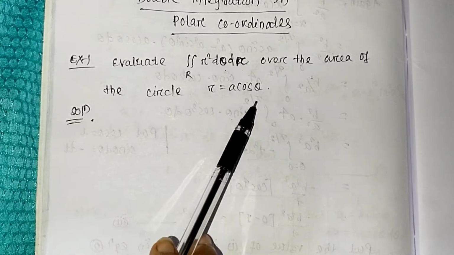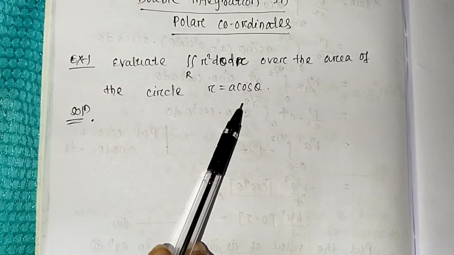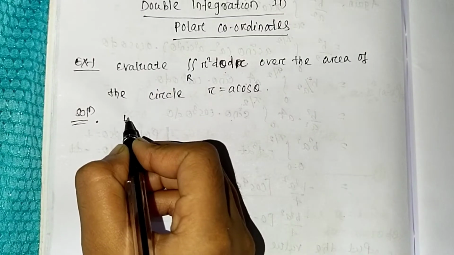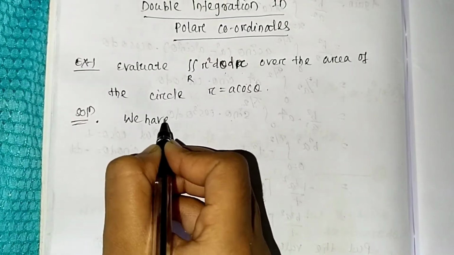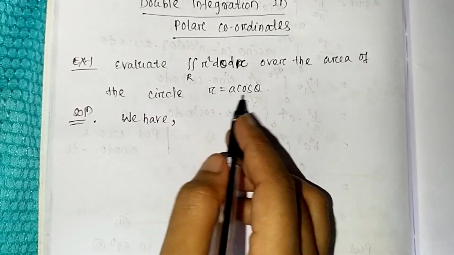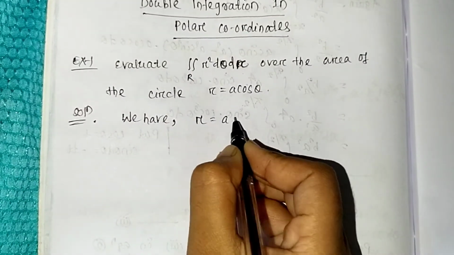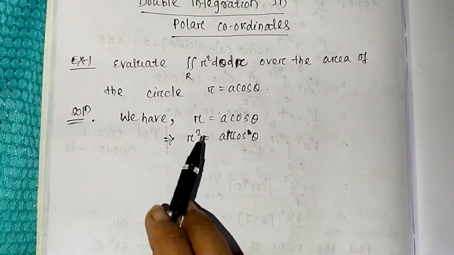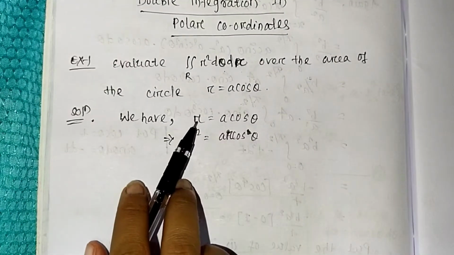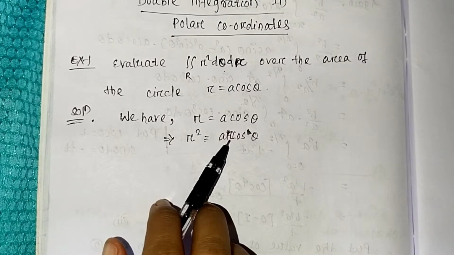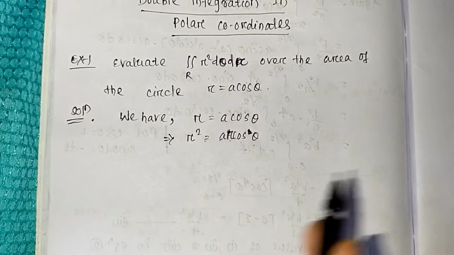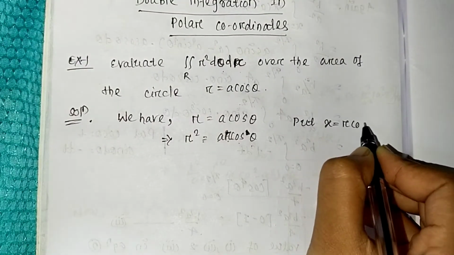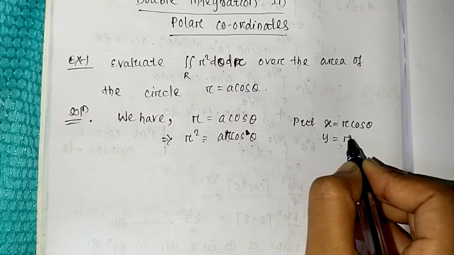To draw the diagram, first we convert it into Cartesian form. Given that we have our region r equal to a cos theta, then we multiply by r on both sides. So we get r into r equal to a into r cos theta. Then put x equal to r cos theta and y equal to r sin theta.